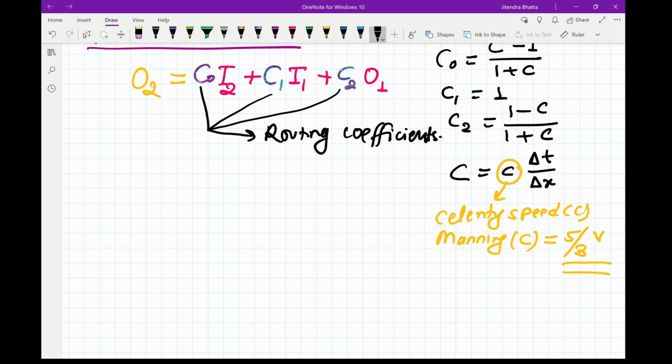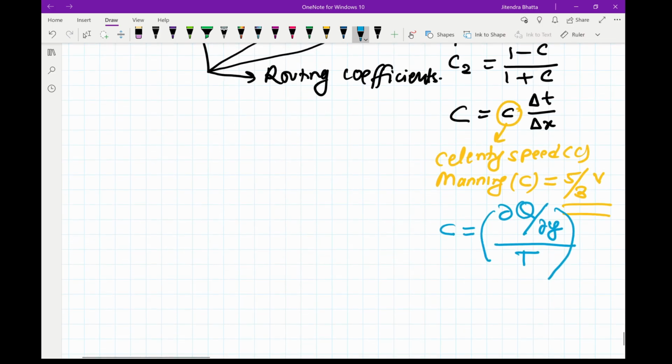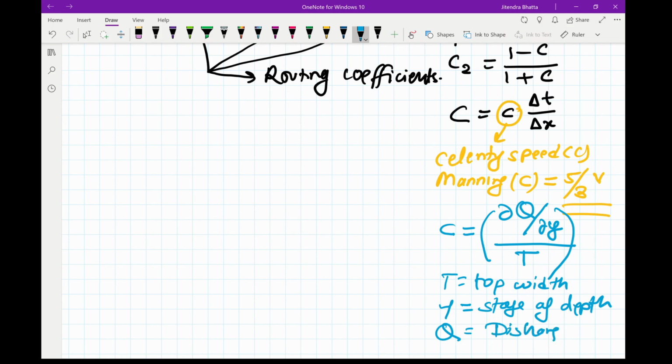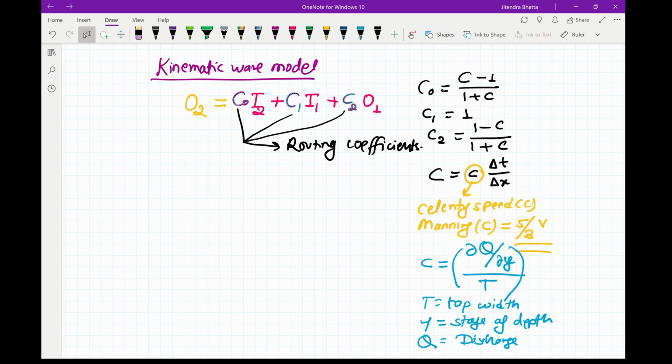If you don't have a wide channel, then your small c celerity speed will be dependent upon the slope of the rating curve, which is dq by dy divided by T, where T is the top width of the channel, y equals stage or depth, and q is the discharge. So this is how you obtain your celerity speed, and this term C is known as the Courant number.